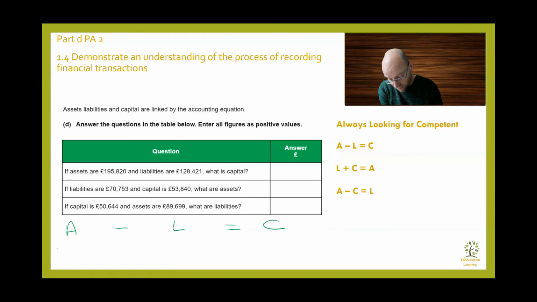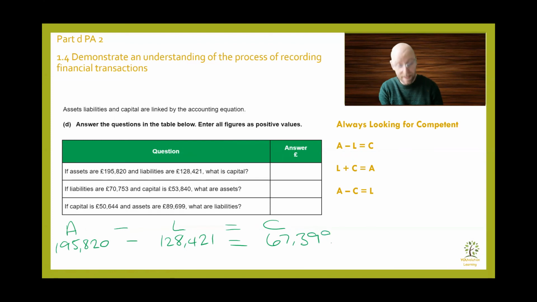So we have assets of 195,820 minus liabilities of 128,421, and that equals capital of 67,399.